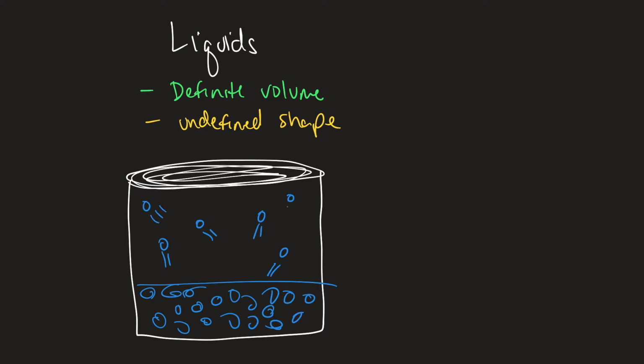When this happens, we call it a vapor. It's basically molecules that are able to go from the liquid state to the gas state.